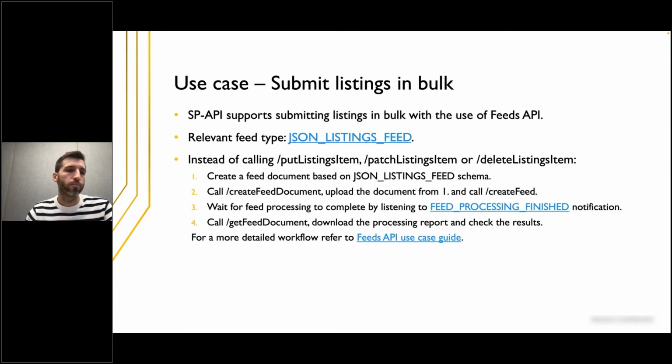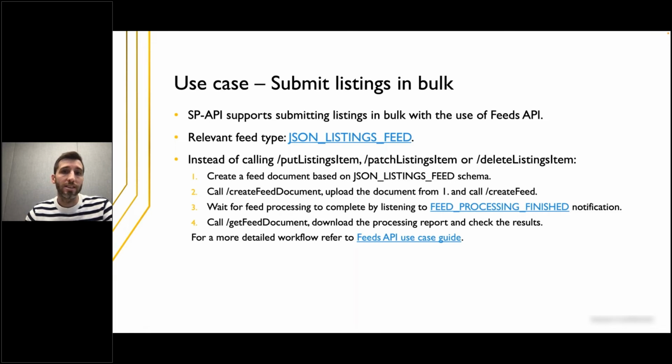But nothing really complex. Once you have your JSON document to submit with all the products that you want to update or create in Amazon, you will call the create feed document operation from the feeds API. This operation gives you a pre-signed URL that you can use to upload your feed document, which is the one you created in the step before.